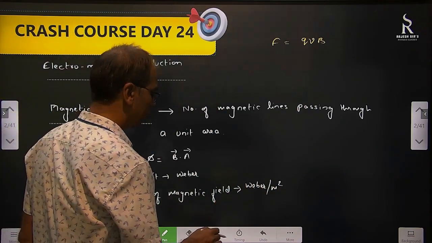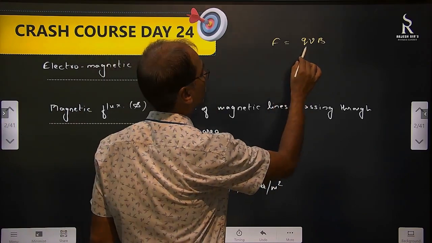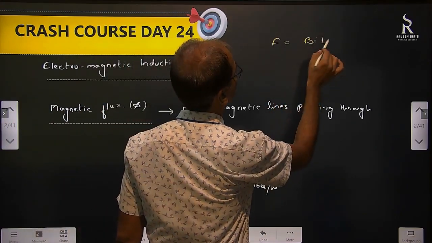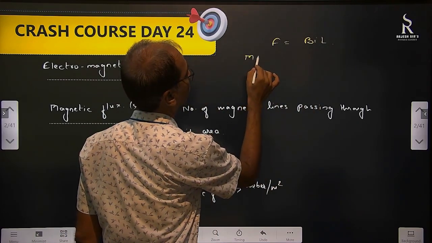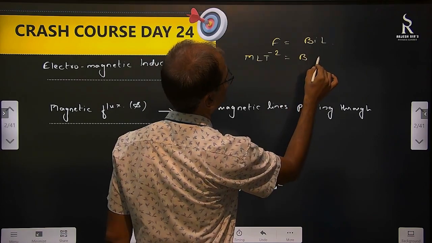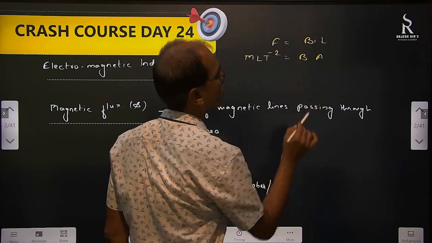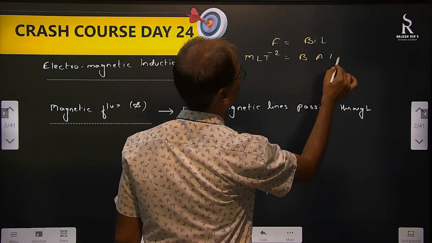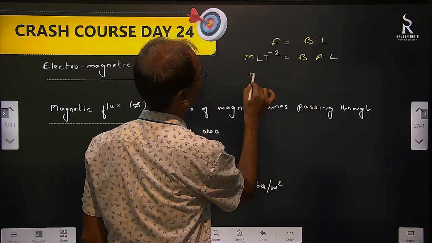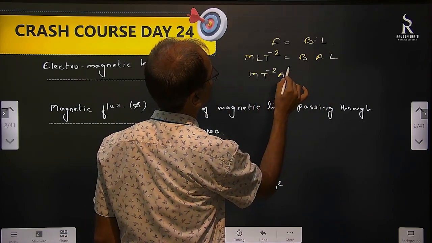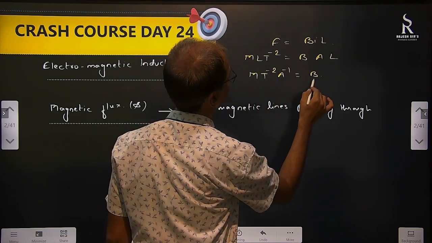So, BIL, if you want to have, that also is fine. So its dimension is what? F is M L T minus 2. B as it is, I is A, and L is L only, that's length. So what we have is M T to the power minus 2 A to the power minus 1. This is the magnetic field's dimensions.